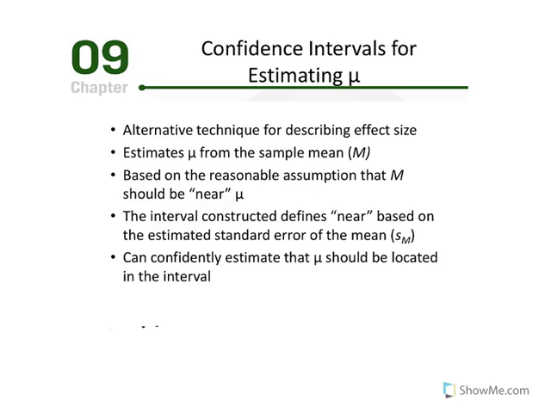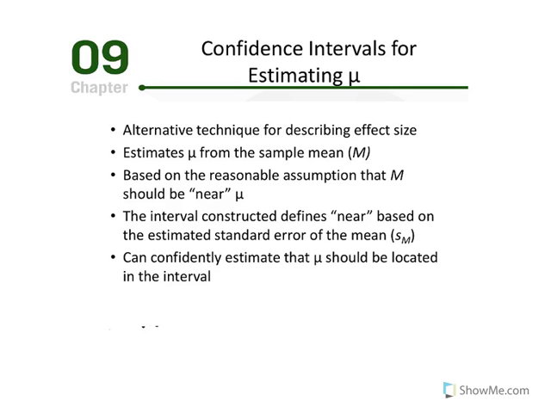An alternative technique for describing the size of a treatment effect is to compute the estimate of the population mean after treatment. For example, if the mean before treatment is known to be a certain value, a mu equal to, in the case of the infants, equal to 10, and the mean after treatment, or difference in quasi-independent variable conditions, is estimated to be 13, then we can conclude that the size of the treatment, or the difference due to the quasi-independent variable conditions, is 3 points.